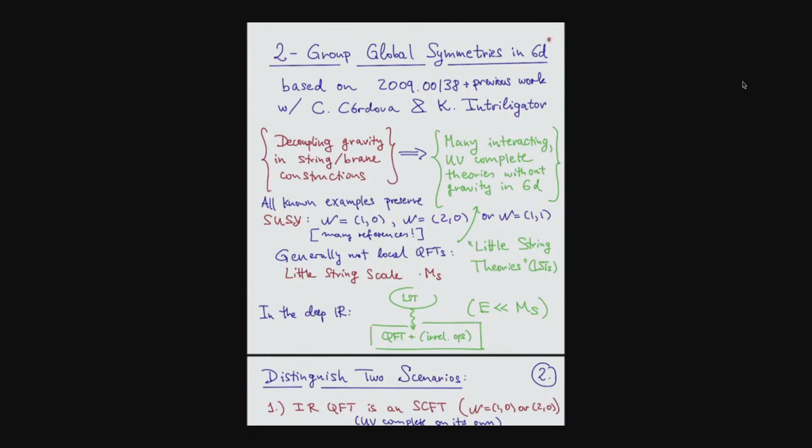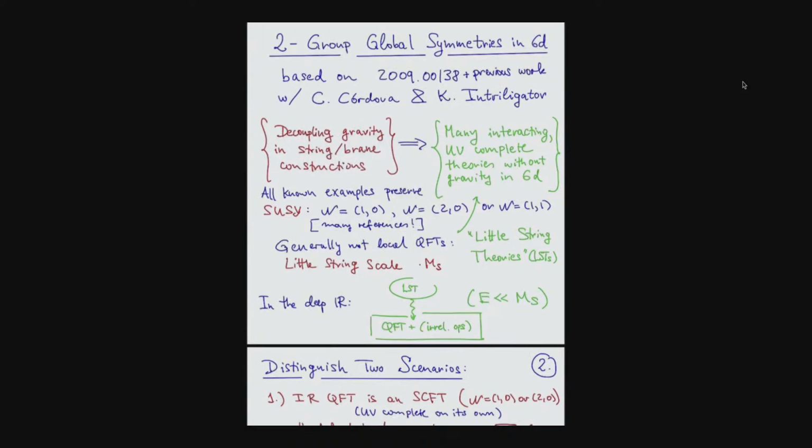Since I decided to focus on 6D theories, let me give you a little bit of context. I'm sure it's very familiar to many of you. It's a famous story that if you decouple gravity in various string or brane constructions, you can construct many examples of interacting UV-complete theories in 6 dimensions that do not have dynamical gravity.